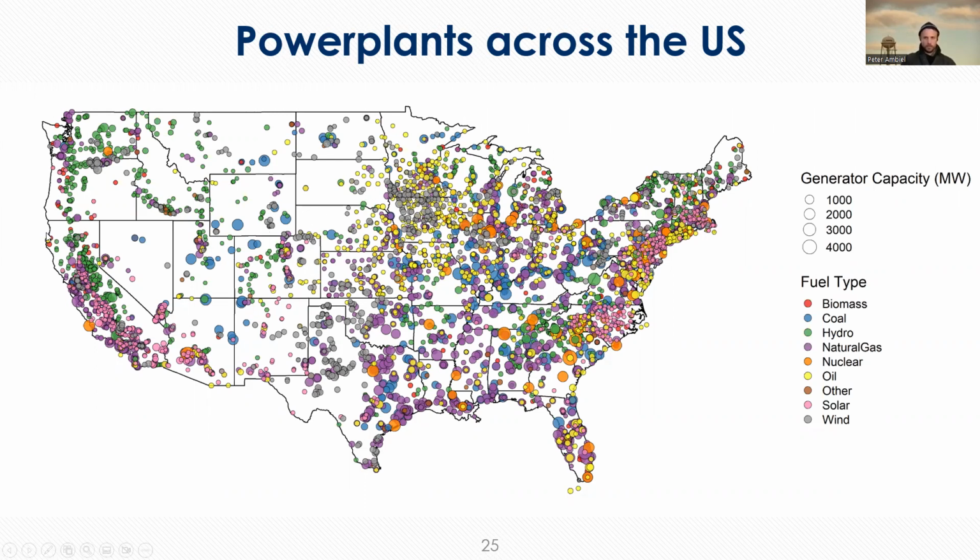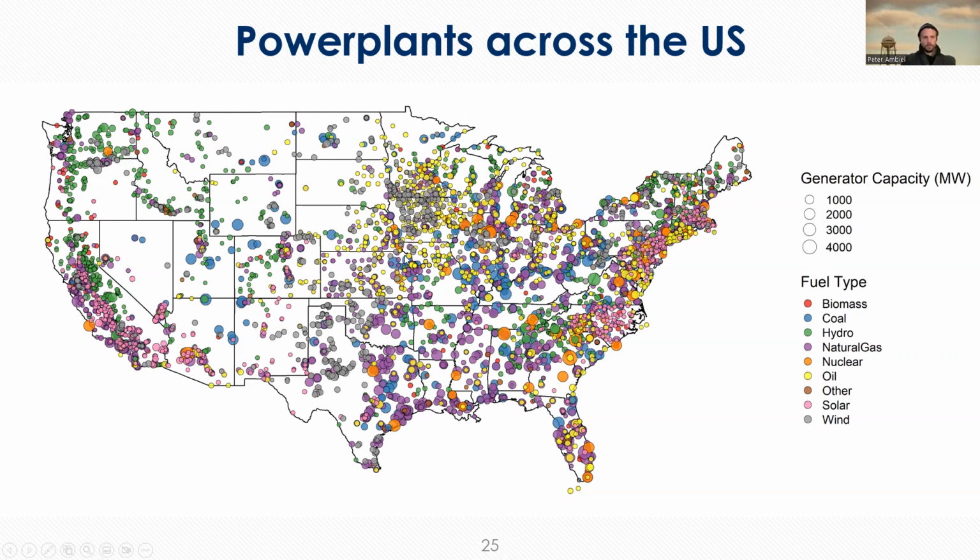But most of the West Coast, you're going to see lots of pink, which is solar, and a lot of purple, which is natural gas. Up in the Pacific Northwest, the most common power production is from hydro, and so you see a lot of larger green dots up in the Pacific Northwest providing that power generation.